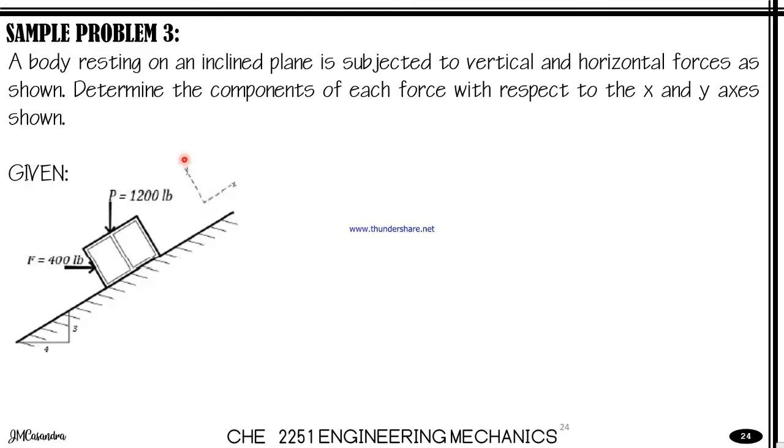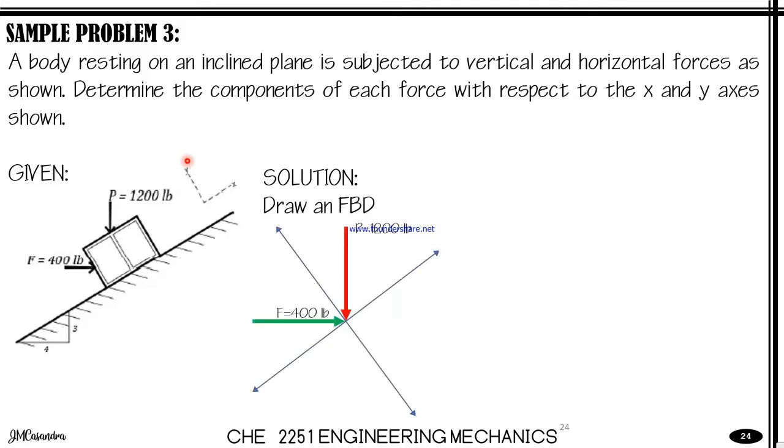So with this, we draw first an FBD, or a free body diagram of the system. So we have here your x-axis, and then we have here your y-axis. So we have your force P and force F.